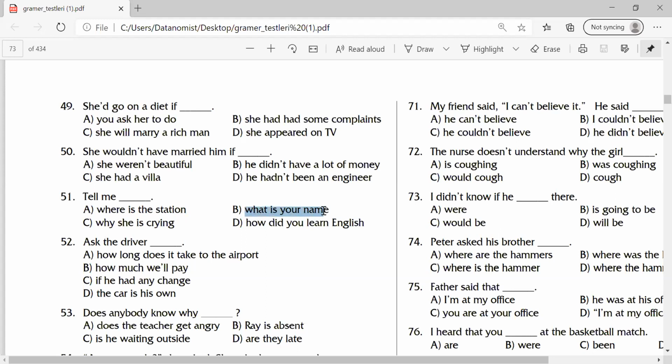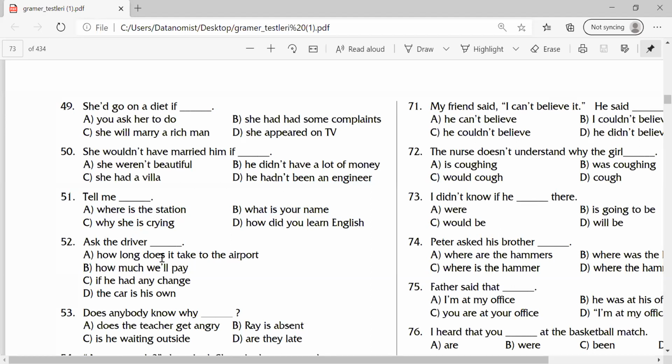This can fit there in the blank, but "is" and no, it should be what your name is. Then it's okay. Then tell me why she is crying. Yeah, tell me what? Why she is crying? Order is right. Tense also present, present. How do you know? Question I cannot put that in. So tell me why she is crying. Answer is C.